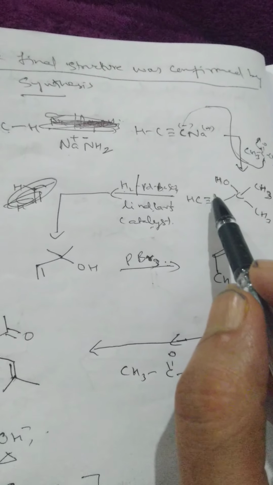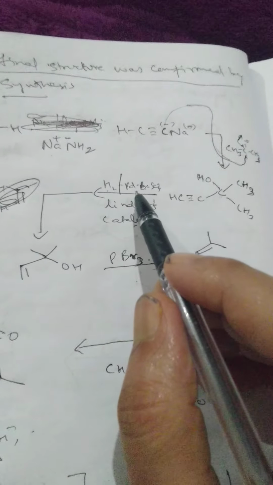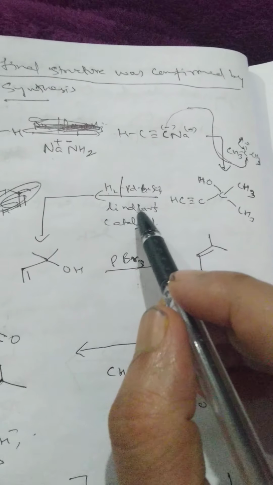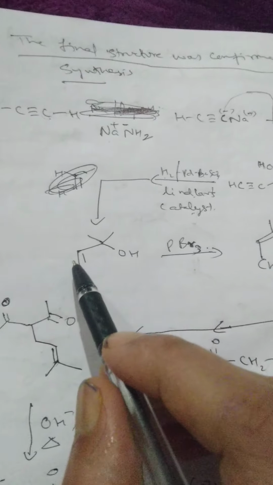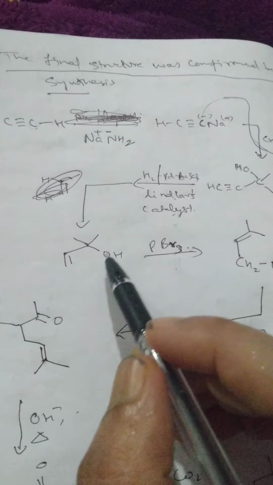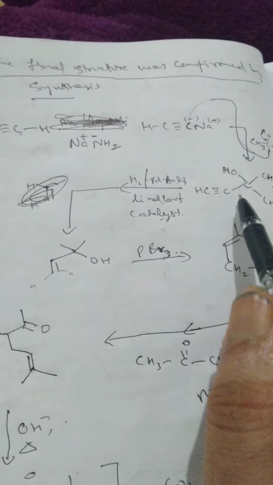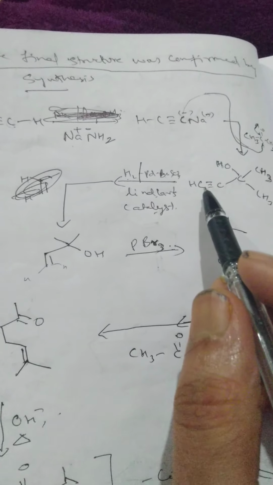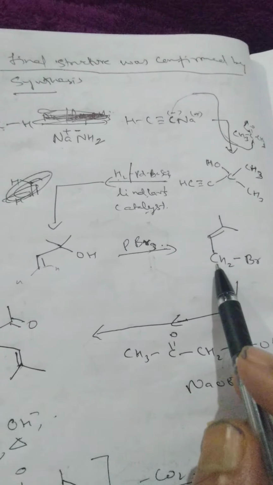When you do Birch reduction, you always get trans alkene, but when you do hydrogenation using Lindlar's catalyst, you always get cis alkene. Here there is no question of cis and trans because both are hydrogen, but you should know this. Okay, it got reduced to alkene, and then they used PBr3 and they got CH2Br.